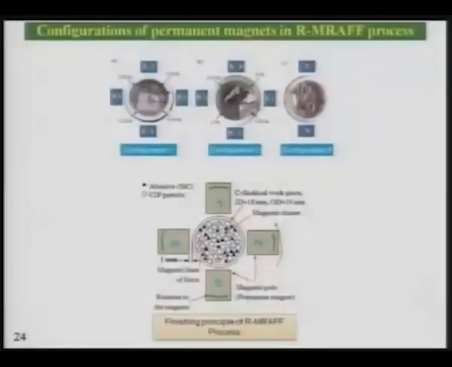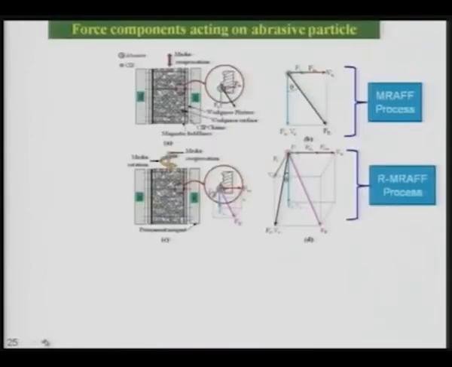So there are two motions continuously taking place. One is the circular motion due to the rotation of the electromagnet, and another is the axial motion due to the movement of the piston of the upper medium cylinder and the piston of the lower medium cylinder. As a result of these two motions, you get the helical motion of the abrasive particles.